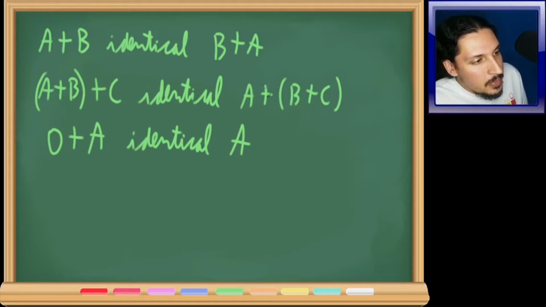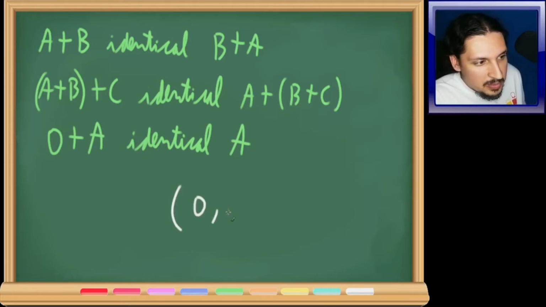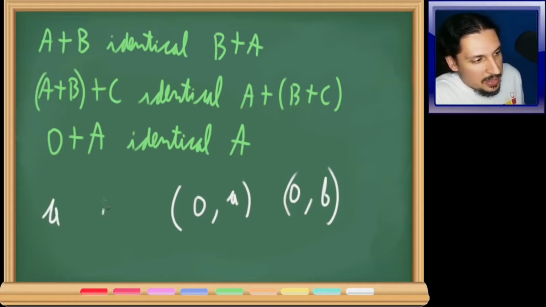And of course, 0 plus A is identical to A because the graphs will be isomorphic. Again, maybe the graphs are not identical because the sum will have ordered pairs. So maybe it has 0 and some node A, and 0 and some node B, where the original had A and B, but the relationships will be identical.